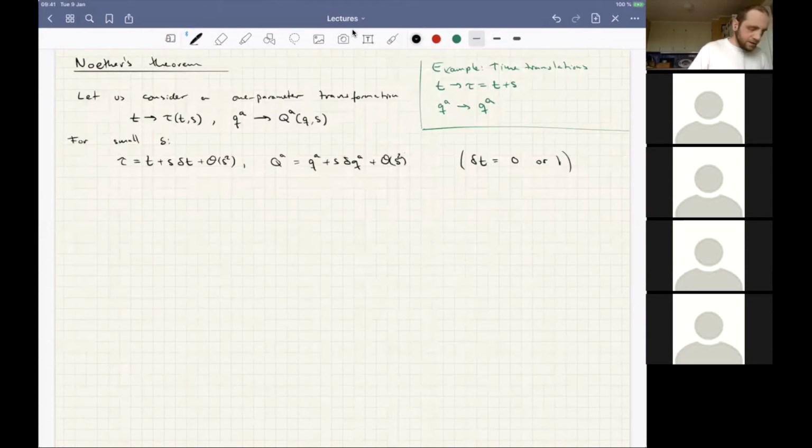Okay, so let's then define what we mean by symmetry, or rather a quasi-symmetry.